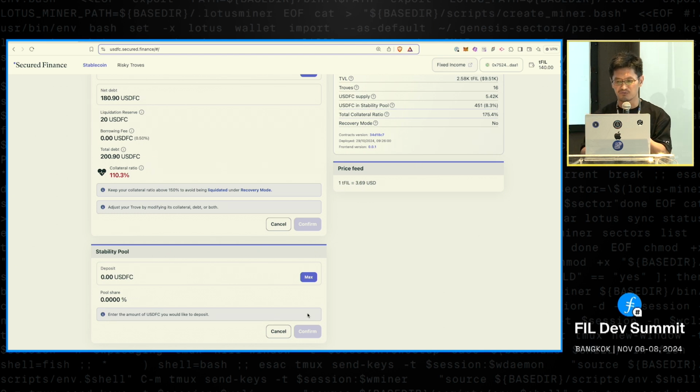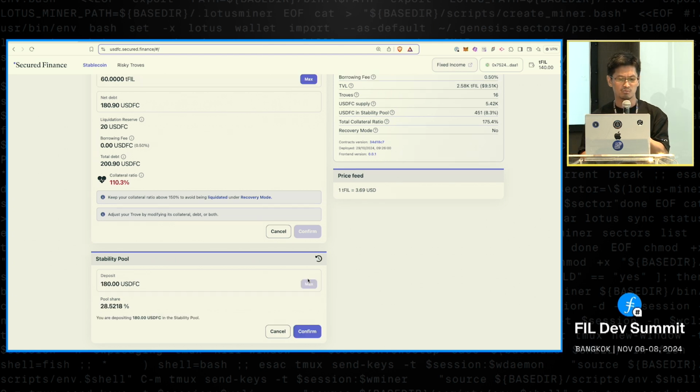But this unique feature ensures that there is always liquidity in the stability pool. So let me put in some amount and confirm, so that your portion, how much you have, is 28% of the stability pool.